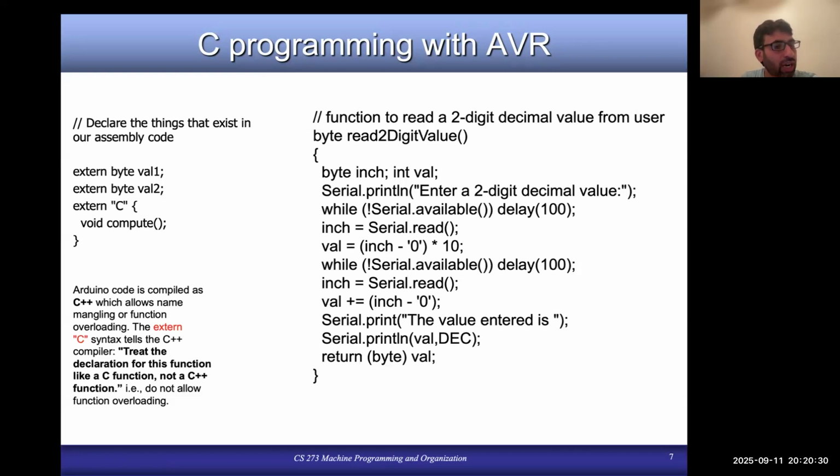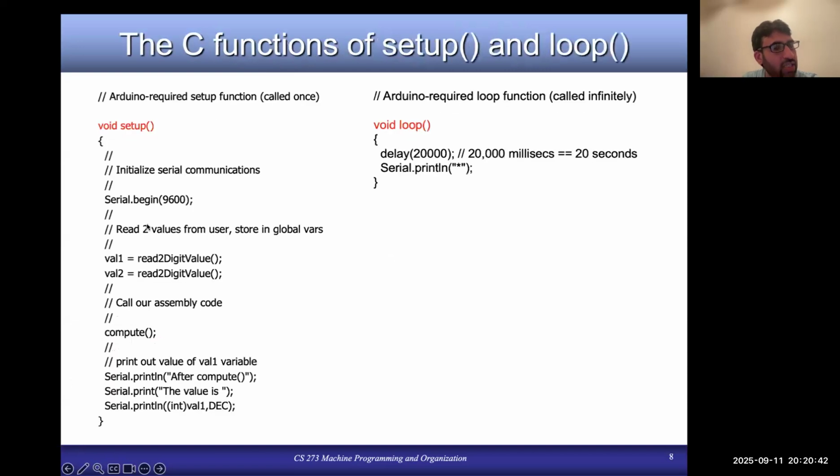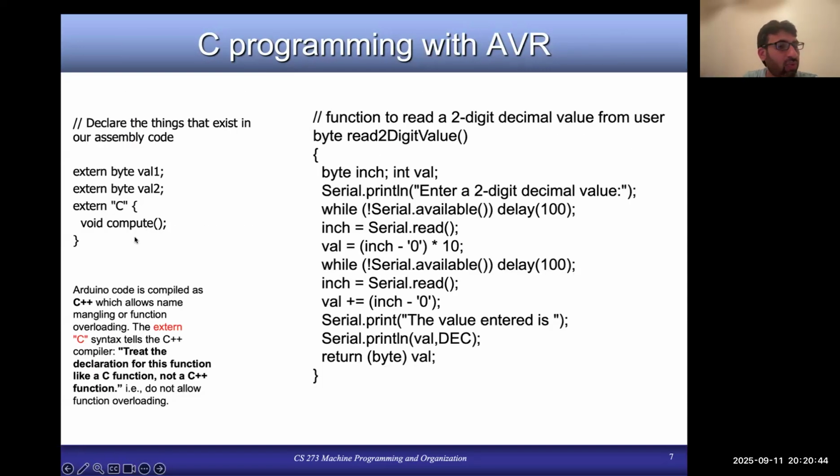But we don't want function overloading when we are writing assembly code. So that's why we say, okay, treat this function as a C function, not as C++. Why? Because in C we don't have function overloading. So that's why we are saying, consider this function as C code.